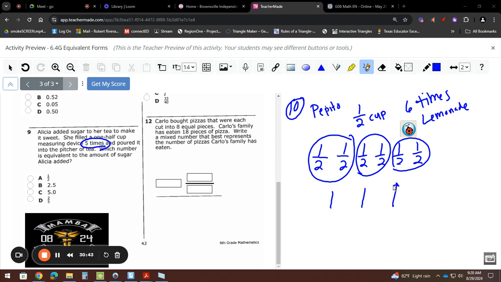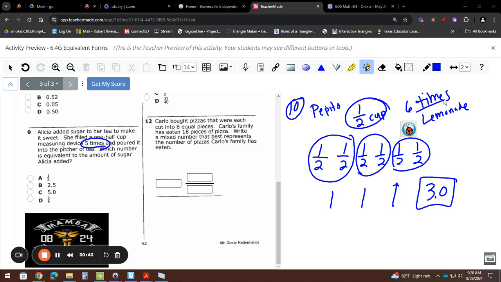So my answer would just be 3 wholes. I am done. Yours is going to be different, but that's the way you do it. When you're putting things in half, it's so easy.